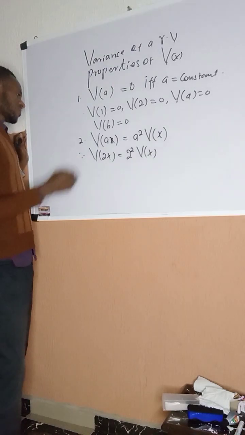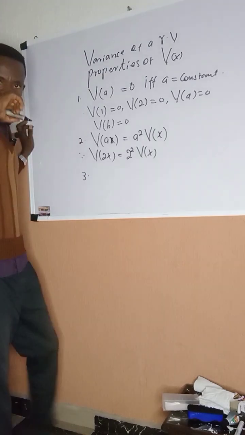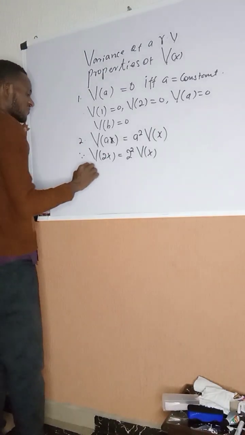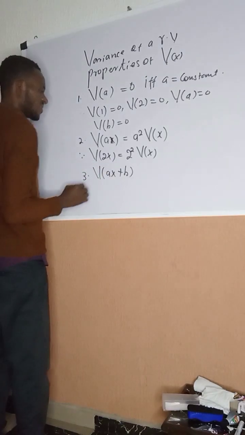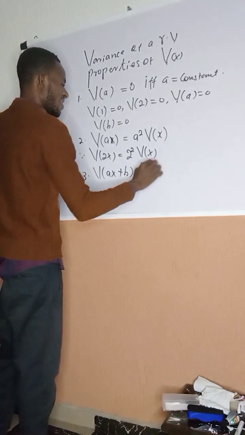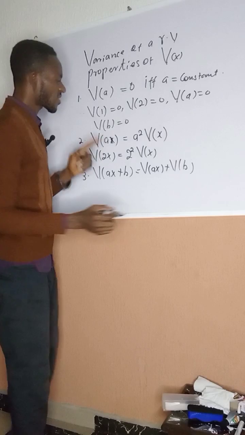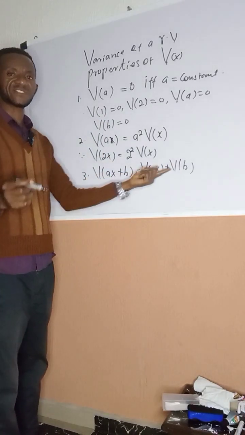Okay, permit me, first of all, let me write number 3 here before I clean the board. We equally have that var of A x plus B equals var of A x plus var of B, on the condition that A and B are constants.